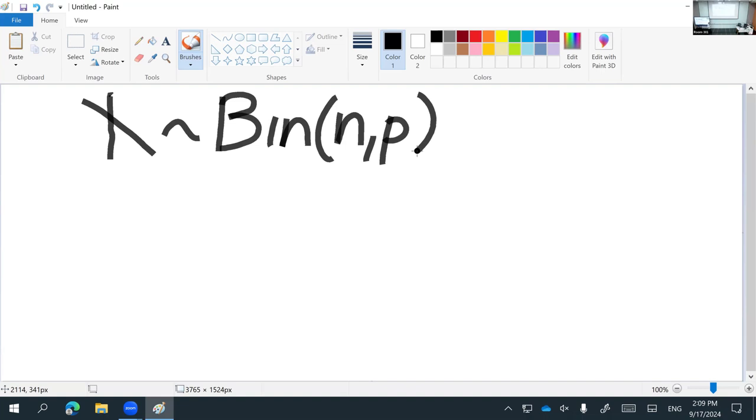What it means is that X is a random variable whose value can be 0, 1, 2, 3, 4, 5, 6, 7, 8, 9, up to N. And the function I'm going to create is useful because it describes a phenomenon in reality where you do a coin toss. Remember head and tail? Imagine head and tail is a coin toss, 1 for head, 0 for tail, right?